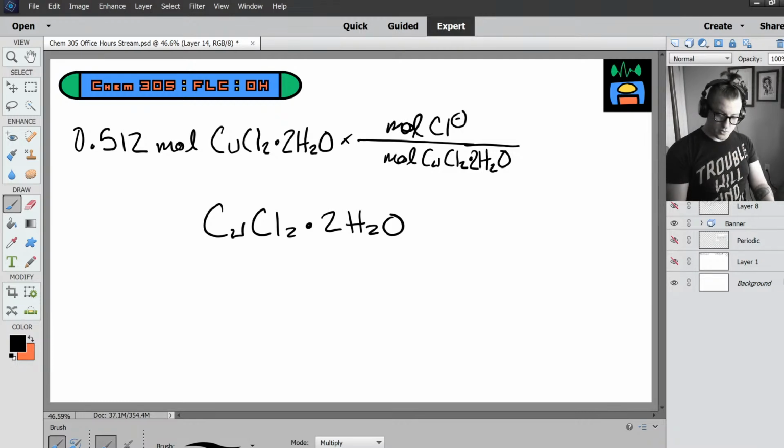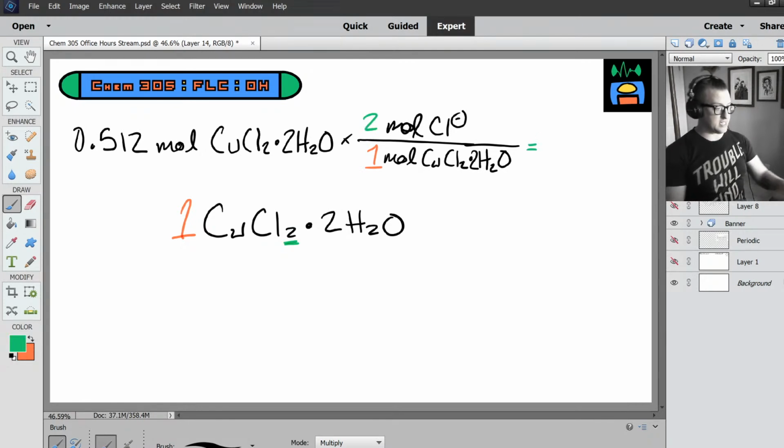Here you can see that 1 mole of copper 2 chloride dihydrate contains 2 moles of chloride ions, so this is a 1:2 ratio.